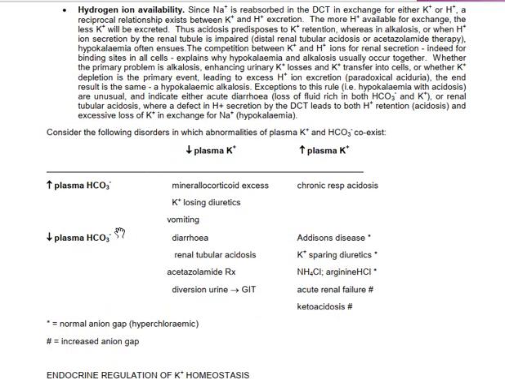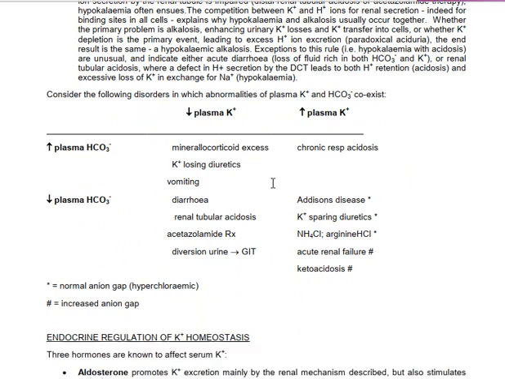So now here you're going to consider the following disorders of the coexistence of abnormalities of potassium and hydrogen carbonate. This disorder is associated with decreased potassium ion and increased hydrogen carbonate.